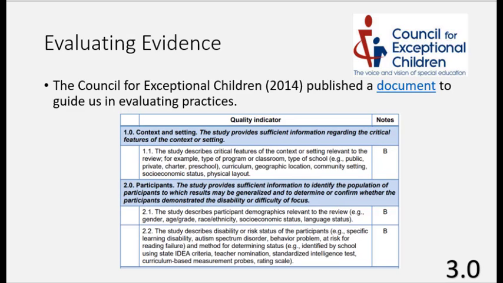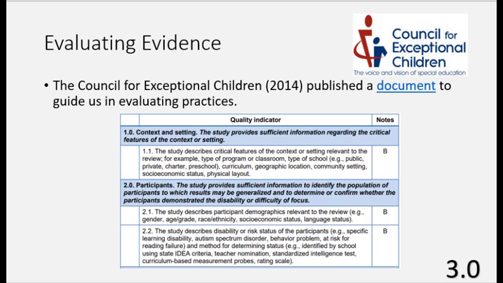We can turn to professional organizations once again here. For example, the Council for Exceptional Children published a document in 2014 that gives a set of criteria for determining whether evidence in the research is sufficient.